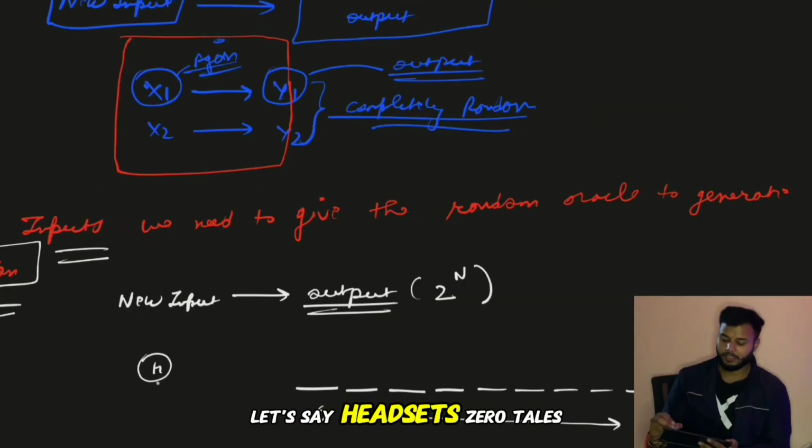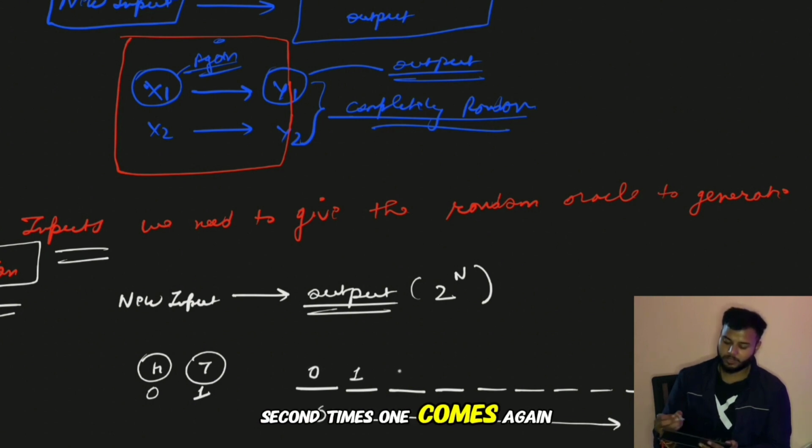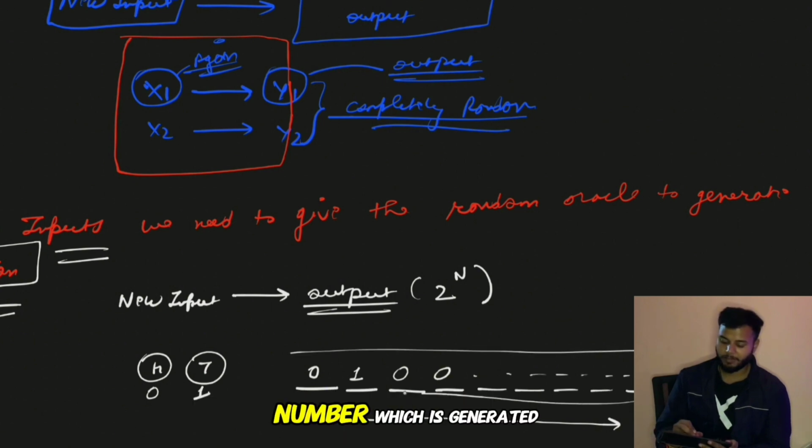Let's say heads is 0, tails is 1. In this way we flip a coin and fill up these places to generate a random number. Let's say the first time 0 comes, the second time 1 comes, again 0, 0, and so on until n flips, and this is the random number which is generated.